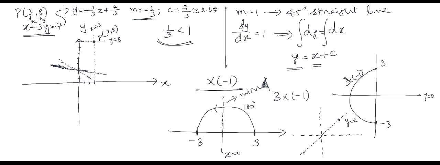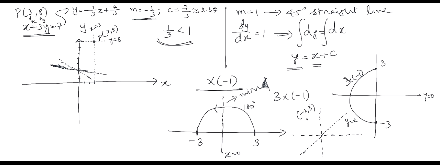Do you get that? It is 45 degrees. Take a point which is somewhere here. Our point here is, for example, -2, 3. Is it okay? Yes.